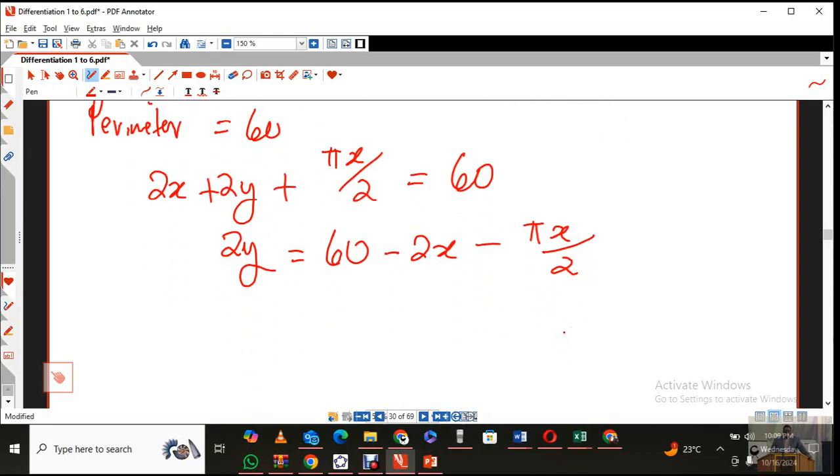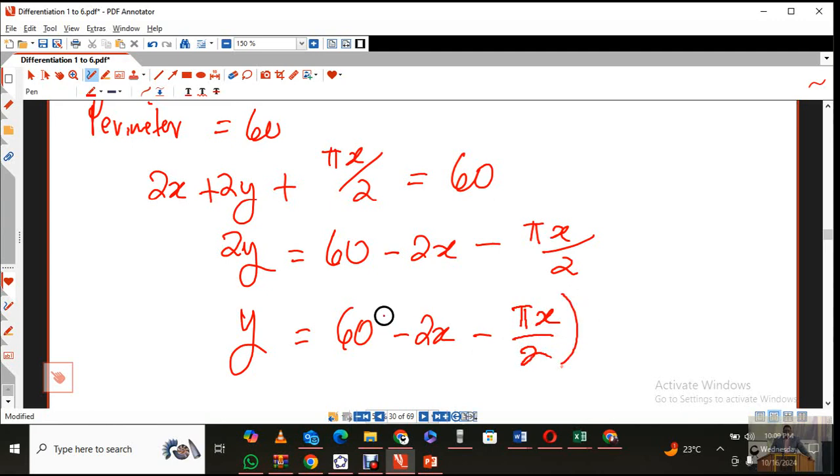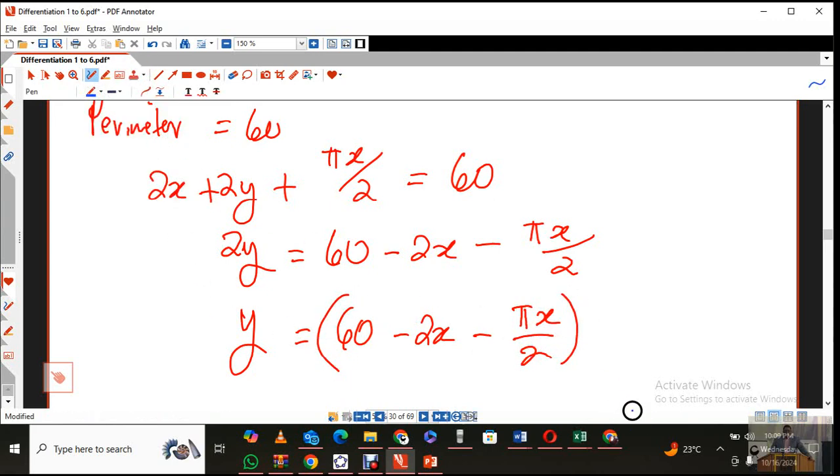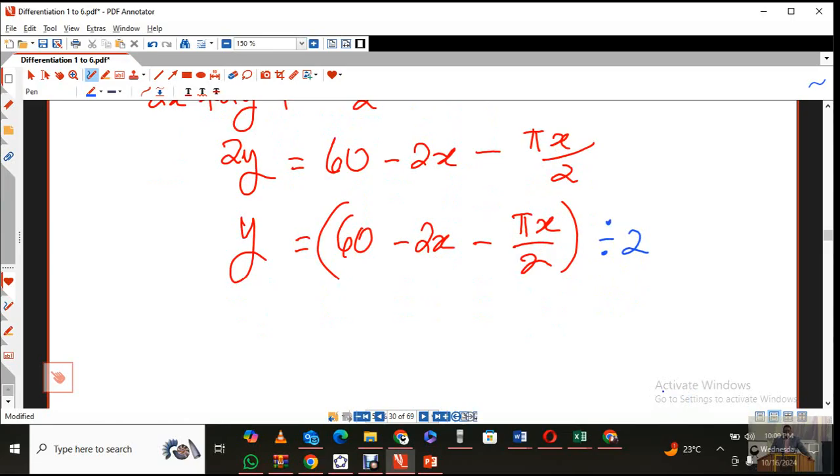Then what I'm going to do is take this whole 60 minus 2x minus pi x over 2, and divide the whole thing by 2. If you divide, then you're going to get y equals 30 minus x.